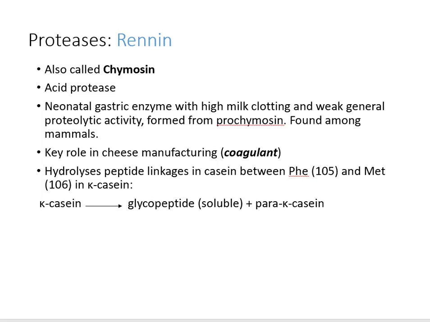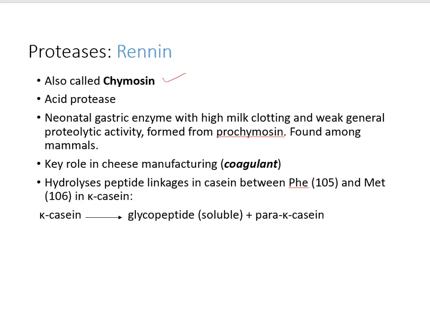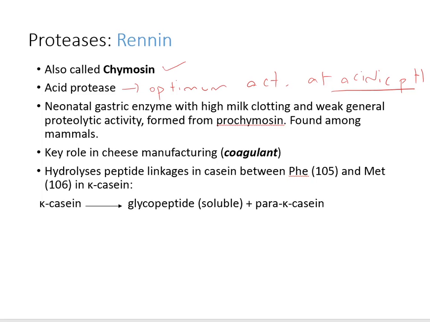Renin. Renin is widely used in dairy industry. It's also called chymosin. So it's an acid protease. That means it shows optimum activity at acidic pH condition. So it's a gastric enzyme with high milk clotting activity.